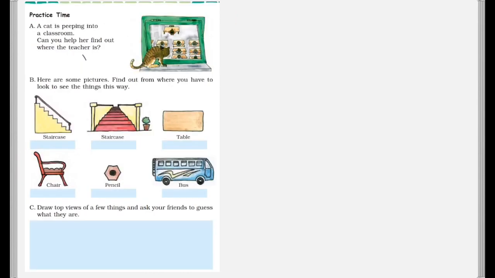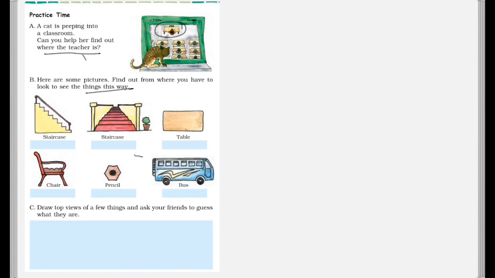There's a practice time. A cat is peeping into a classroom. Can you help her find out where the teacher is? Okay, so clearly the teacher is over here. Now here are some pictures. Find out from where you have to look to see the things this way.